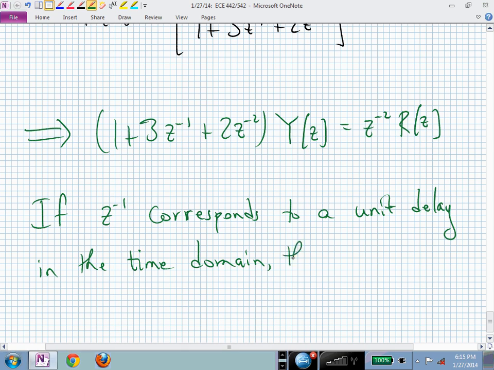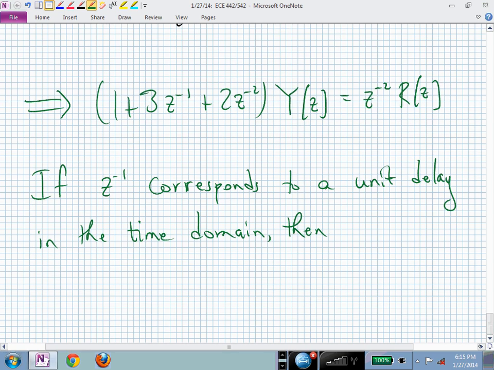Now we can go back into the time domain, and capital Y of z, if we want it in the time domain, what is it? Capital Y of z. That's the hard one. It's so easy, it's hard. That's just little y of n, isn't it? So now 1 times capital Y in the time domain gives us y of n.